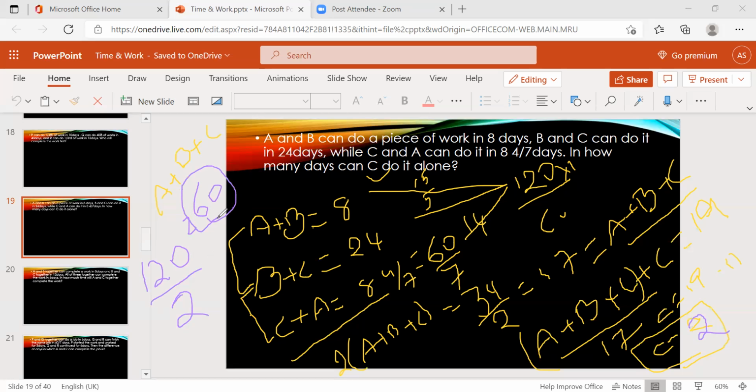So just recap step by step. First, we noted down the data: A plus B, B plus C and C plus A, right? Then taking the LCM, 120.